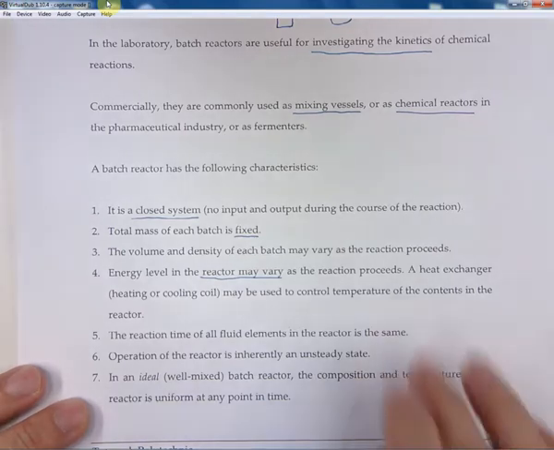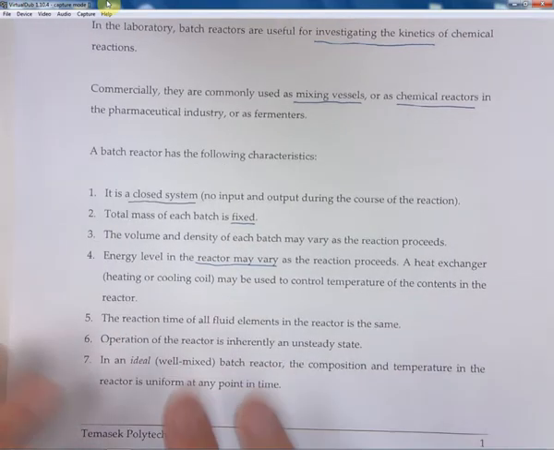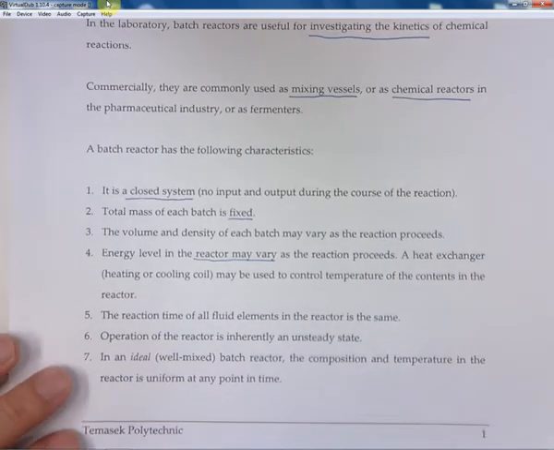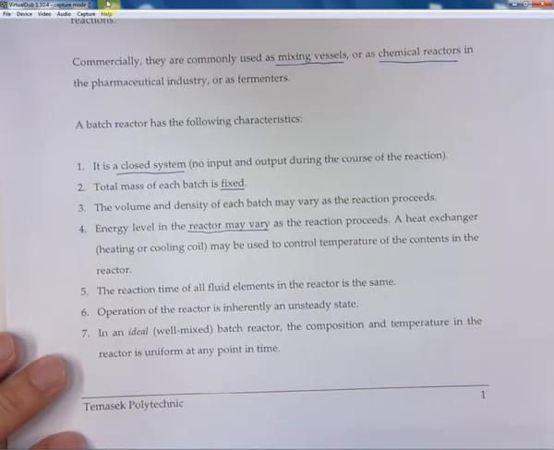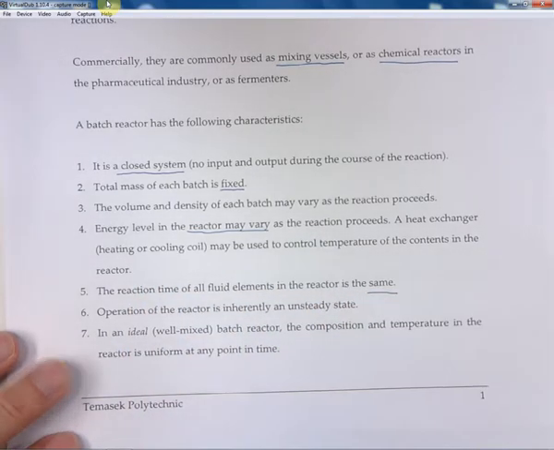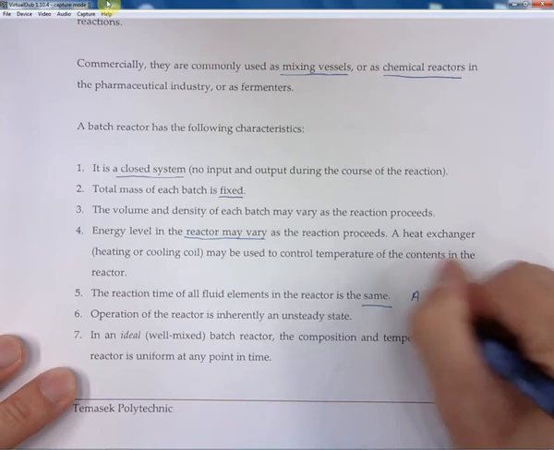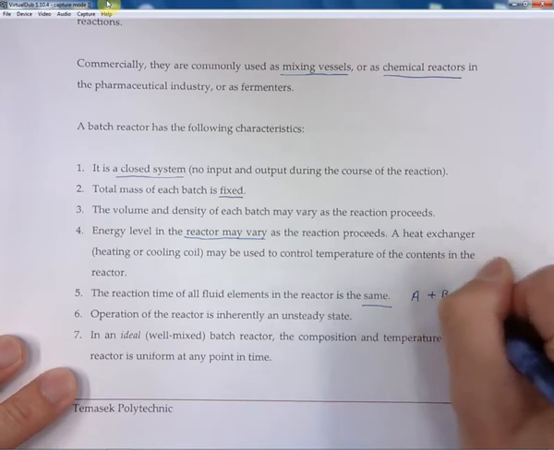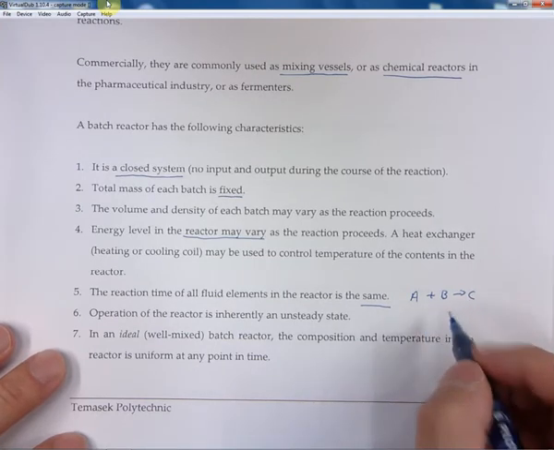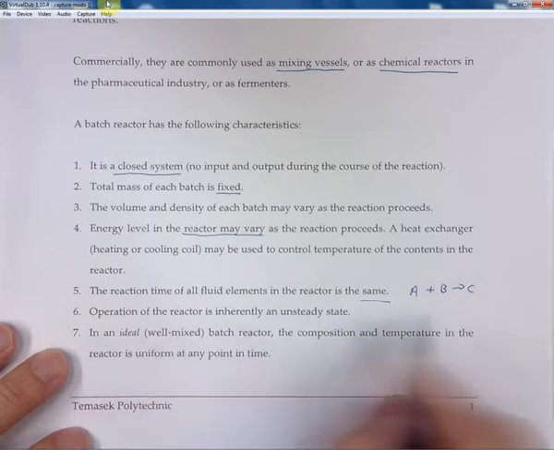Most of the time we will use a heating or cooling coil to control the temperature in the reactor. Reaction time for all fluid is the same. So if you talk about A plus B gives you C, the time to react A and the time to react B in the batch reactor are the same. Okay, in other words, they are the same.